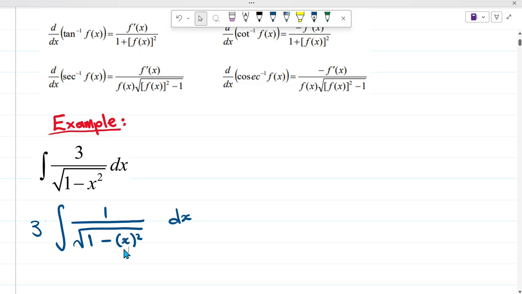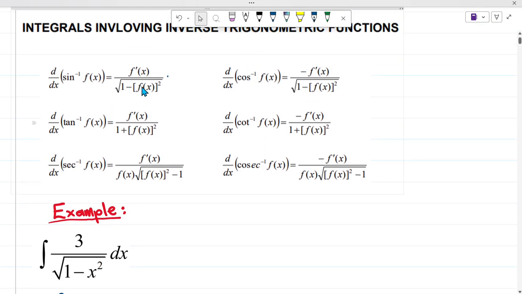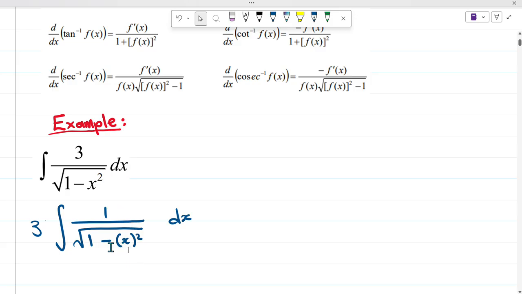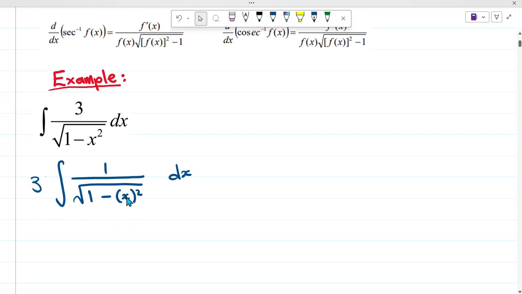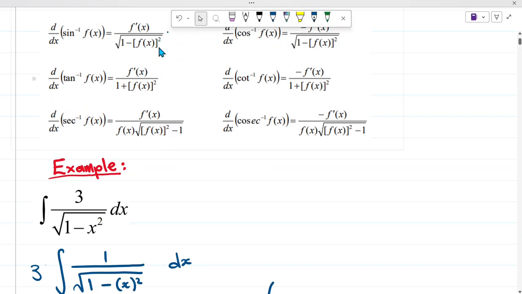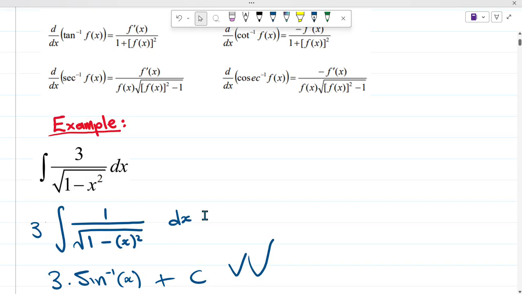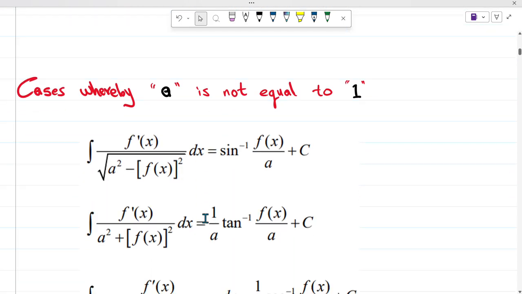When we check, the derivative of x is 1, so we can conclude that this is equivalent to sine inverse of x. Then you take the 3 outside and it must go to the answer, so it's going to be 3 sine inverse of x plus c. Then ta-da, you have your answer. Simple as that. You just need to make sure you have a format that aligns with one of the formulas, and then you make a conclusion based on that.